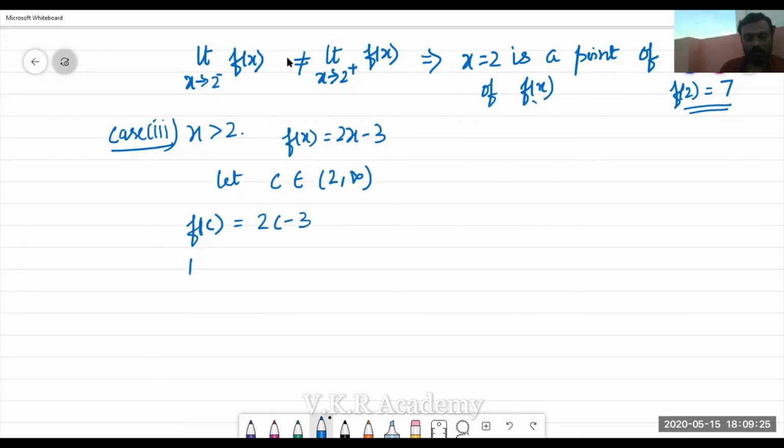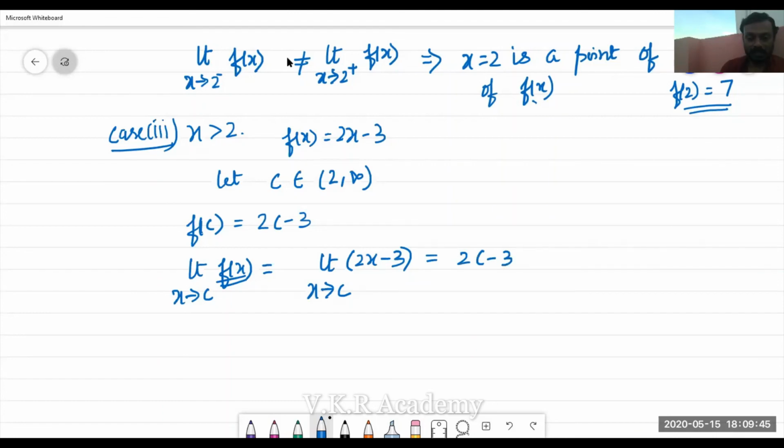Also, limit x tends to c of f of x is equal to limit x tends to c of, our f of x is 2x minus 3, that is equal to 2c minus 3.